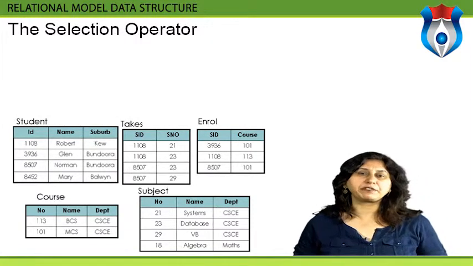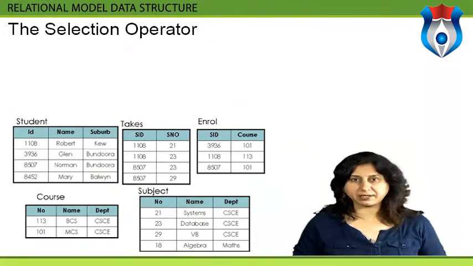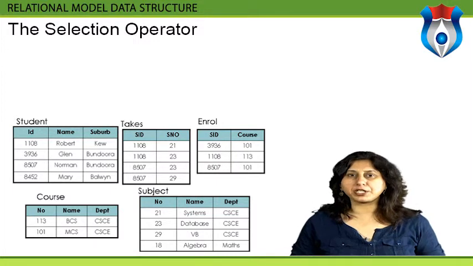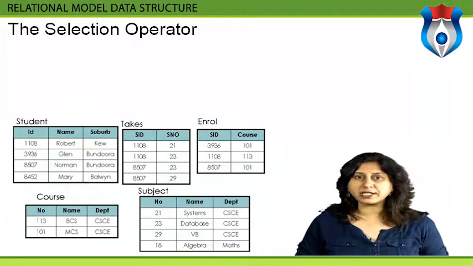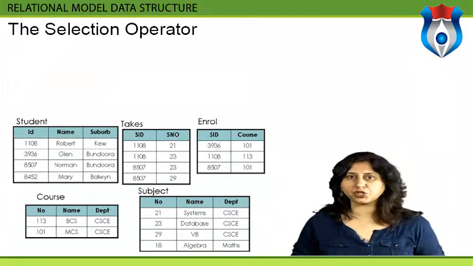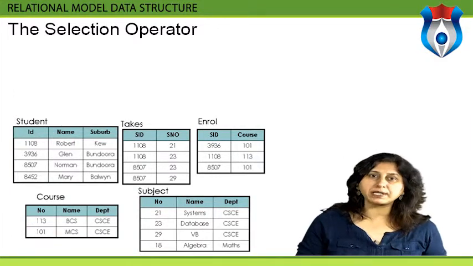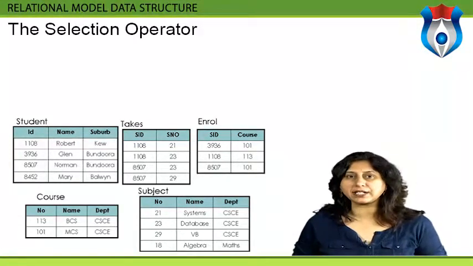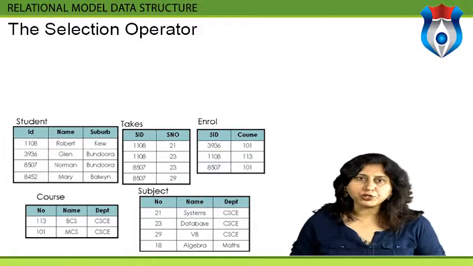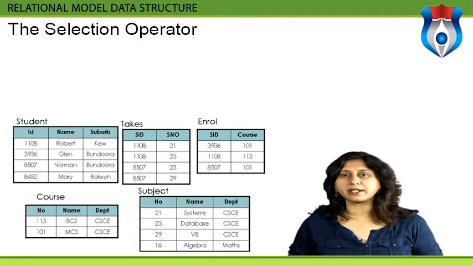Let's take an example first to understand this concept. We have frequently wanted to extract from a relation tuples meeting certain conditions, such as all tuples from the course, student ID, grade relation that have course component CS101.